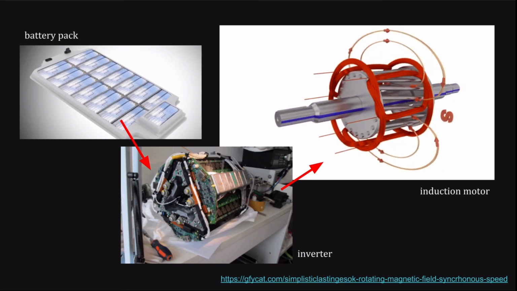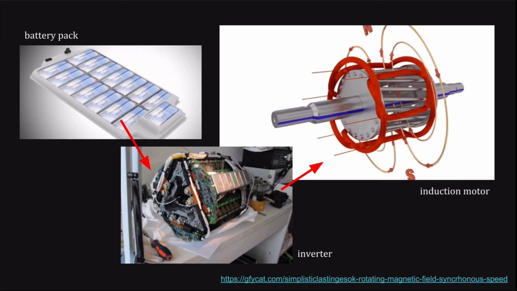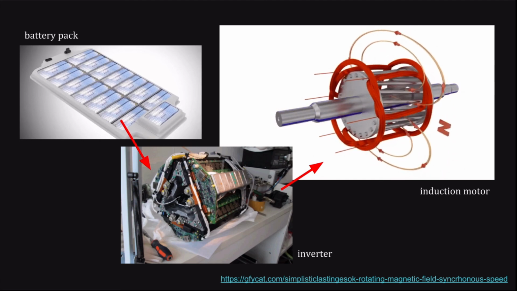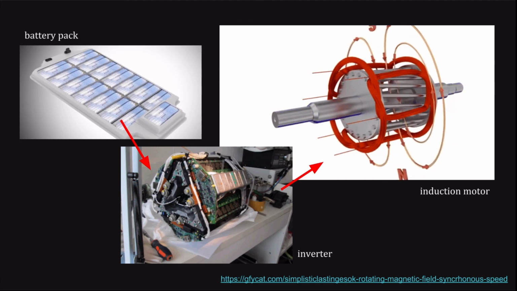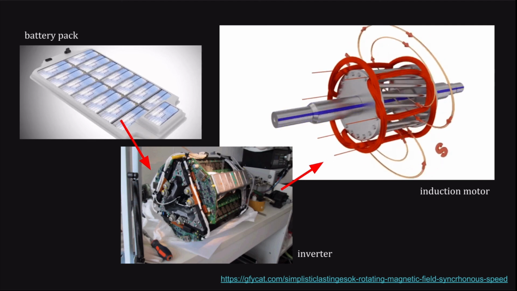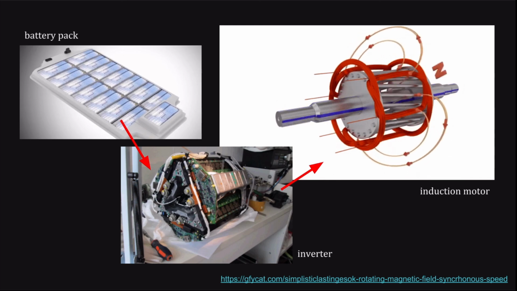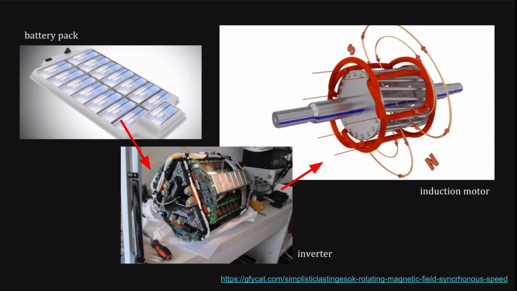The motor needs AC to create a rotating magnetic field which causes the wheels to turn, thus moving the Tesla car. So to summarize, the inverter converts the DC energy from the battery to the AC motor.